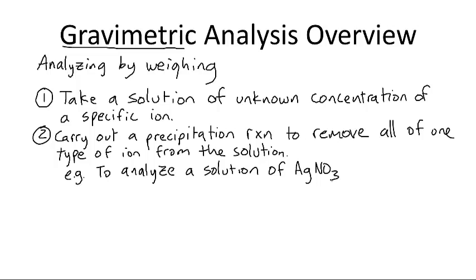which of those two ions are you likely to be able to precipitate out? The silver. Why not the nitrate? Nitrate always dissolves. Nitrate's unlovable. No one's going to take nitrate off the dance floor. So to analyze a solution of silver nitrate, you might add sodium chloride.